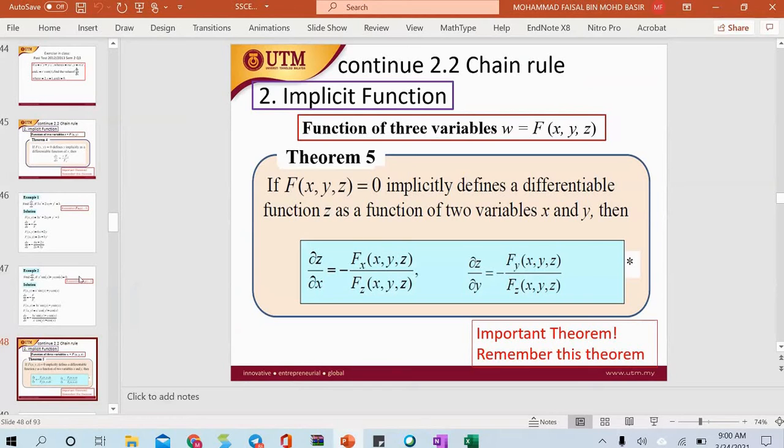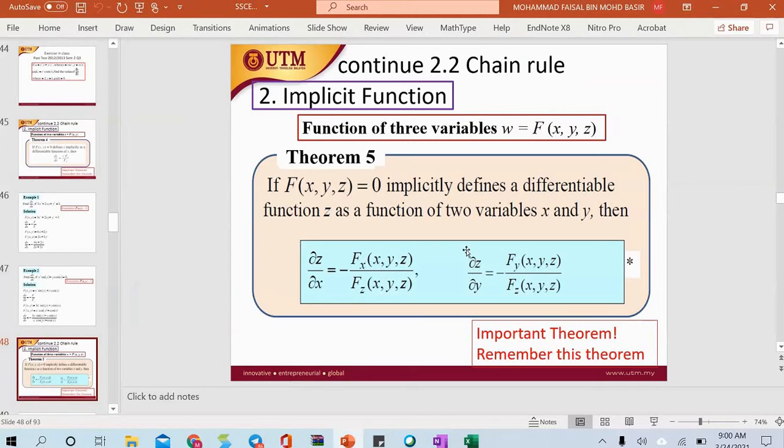Okay, what if we have 3 independent variables? It is the same. Del z del x, because we have 3 independent variables, will be negative fx over fz. Remember, if z here, z will be here, x here, x will be here. When you differentiate f with respect to x, your y and z will be constant. When you differentiate with respect to z, x and y will be constant. It's just the same.